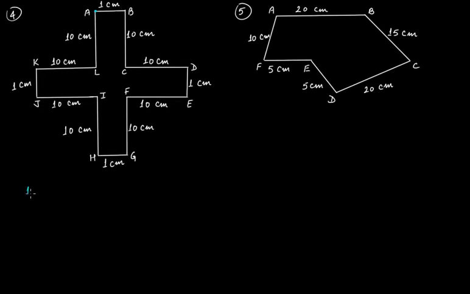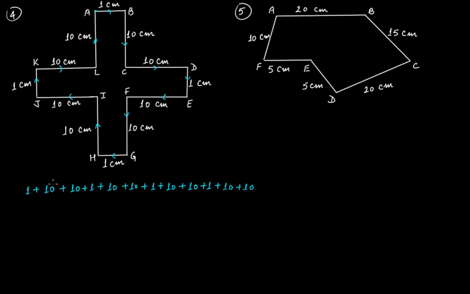So A to B is 1, plus B to C is 10, plus C to D is again 10, plus D to E is 1, plus E to F is 10, plus F to G is 10, plus G to H is 1, plus again 10, plus 10, plus 1, plus 10, plus 10, so that we can find the perimeter here.